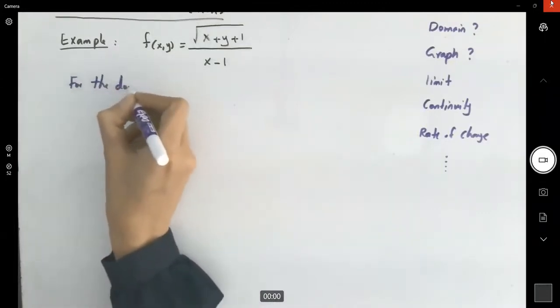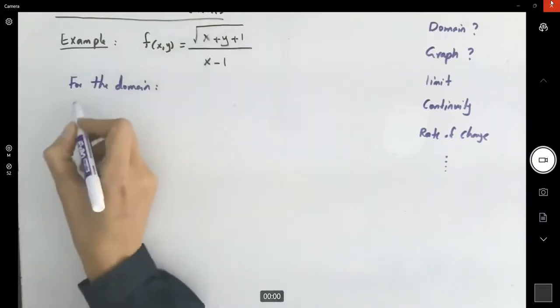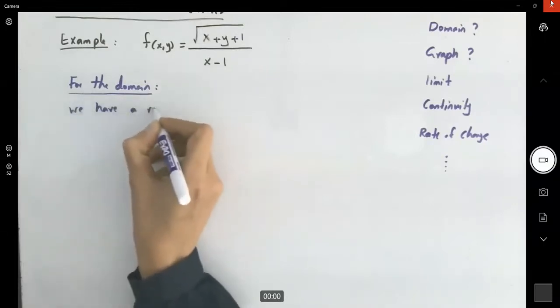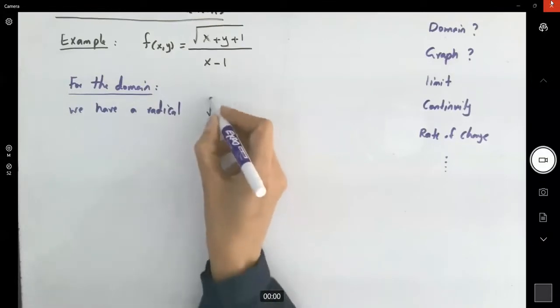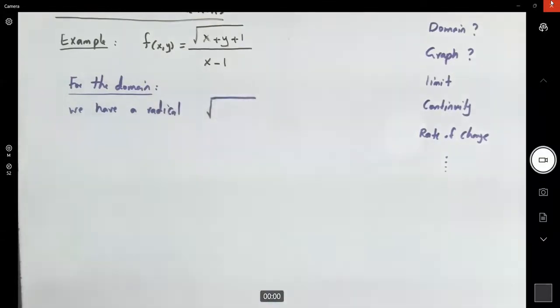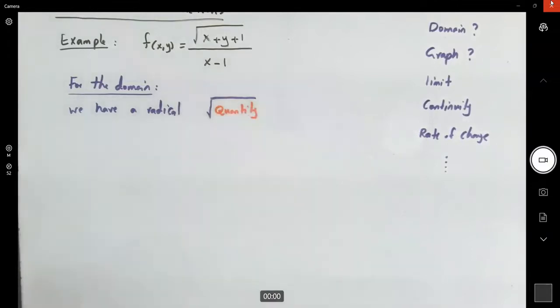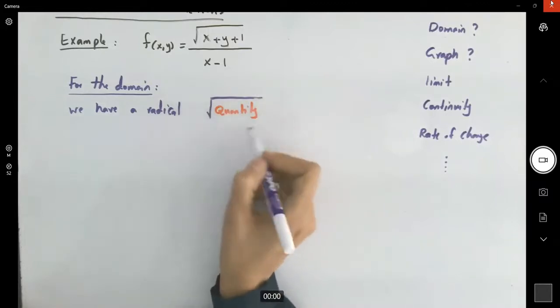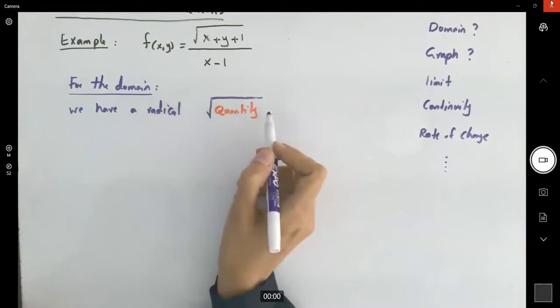For the domain, first, we have a radical. Going back to algebra, when you have a radical of a quantity, any quantity, doesn't matter, inside the radical with index 2, this quantity must be larger than or equal to 0.